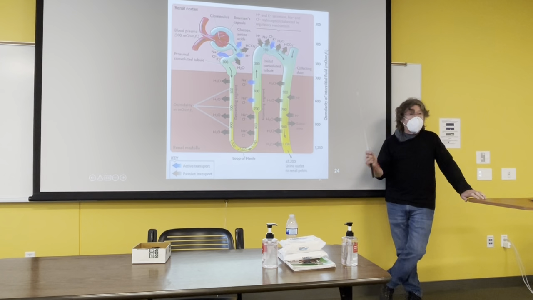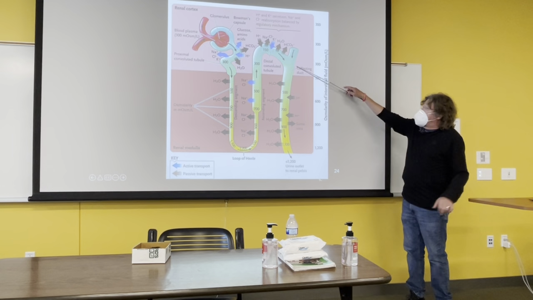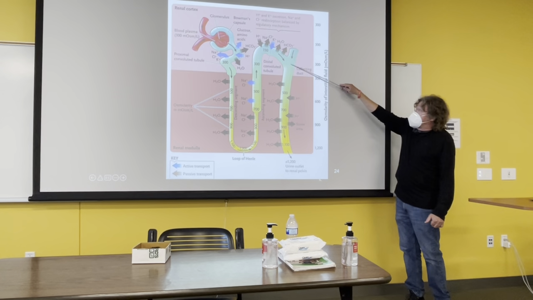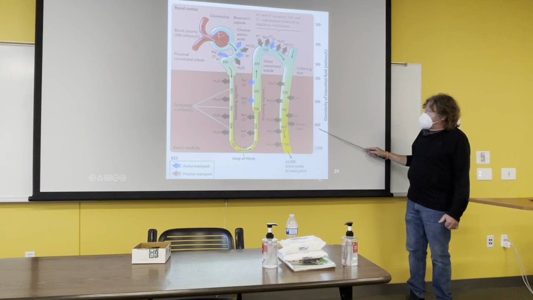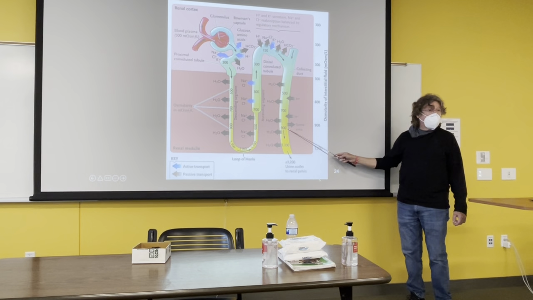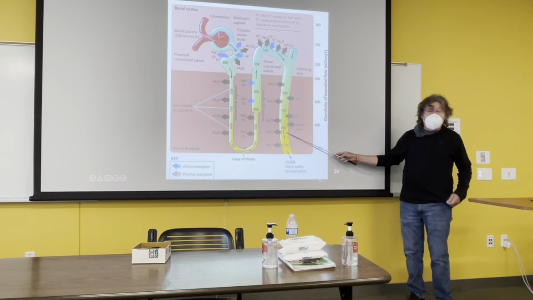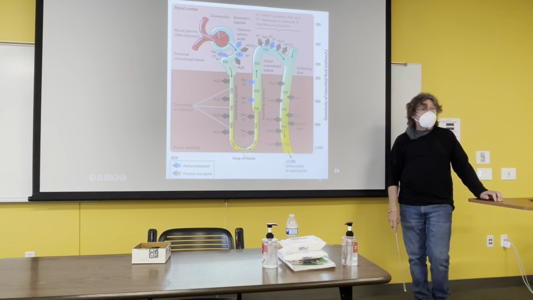The aquaporins are removed, and therefore water cannot exit. And so even though this 150 millimolar concentration is coming deeper and deeper, even if it is 900 on the outside, there's no way for water to exit. And if water can't exit, then what you urinate is hyposmotic.